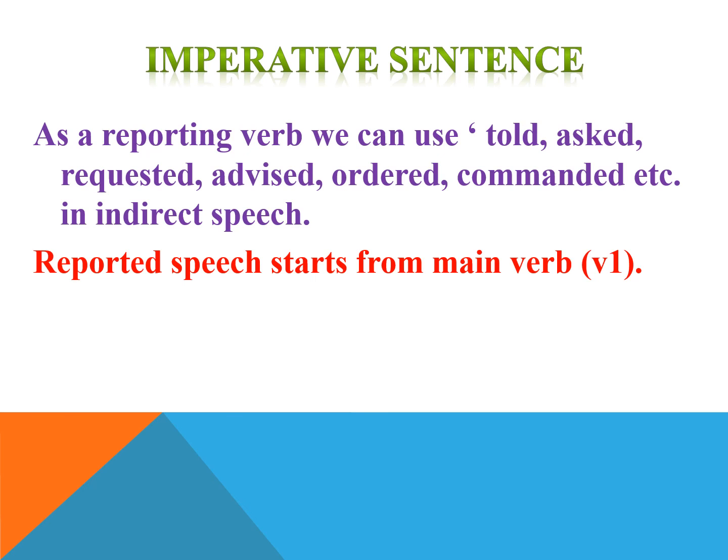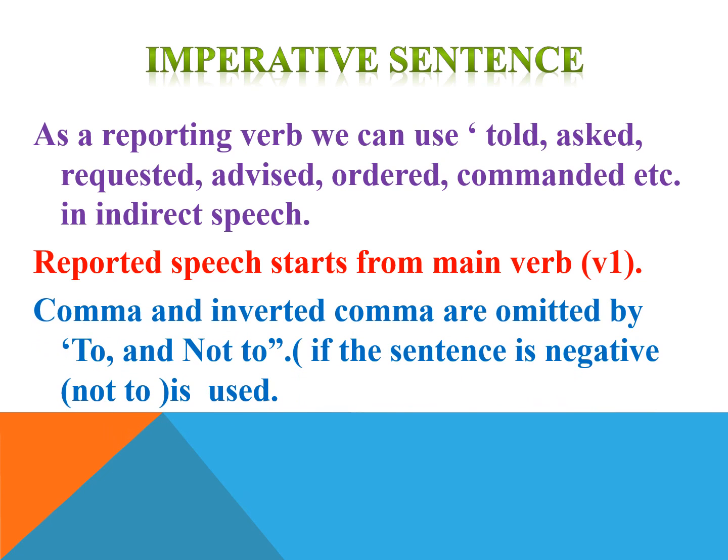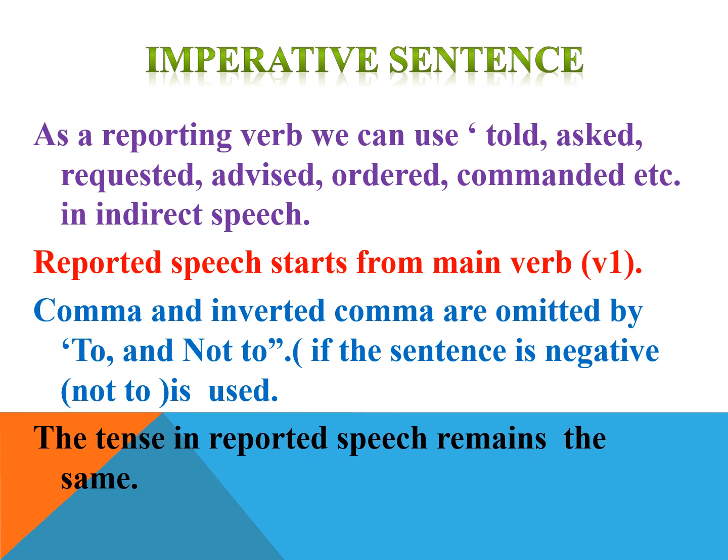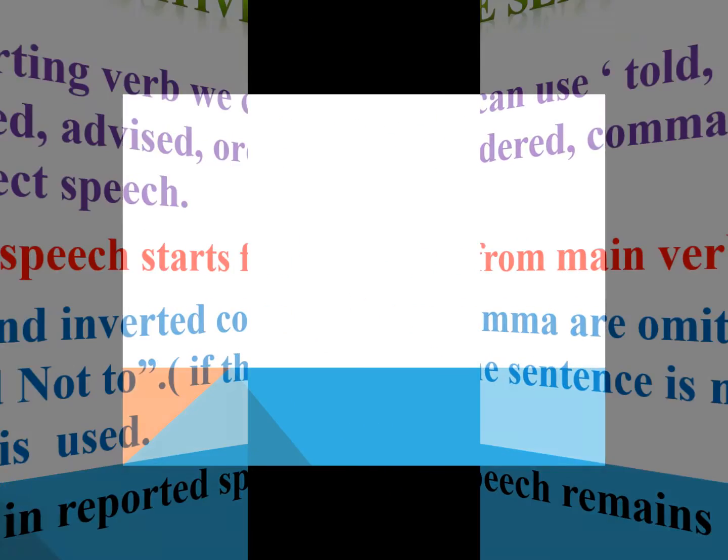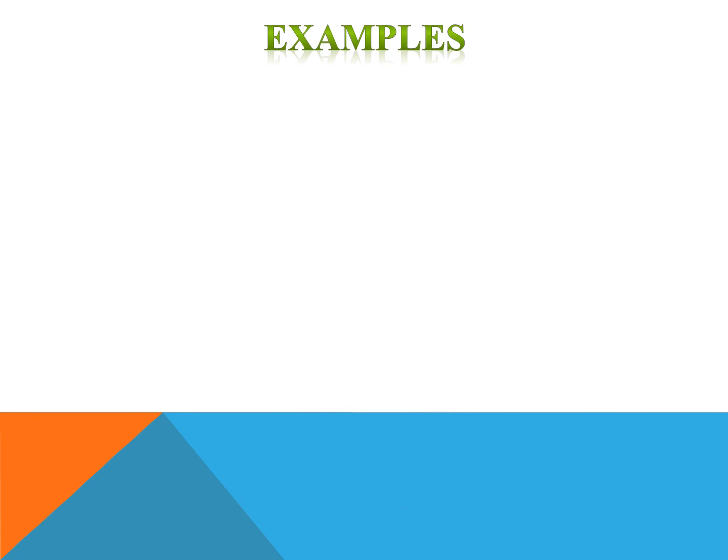Reported speech starts with the main verb, and comma and inverted commas are omitted by the conjunction to or not to. If the sentence is negative, not to is used. The tense in reported speech remains the same. Some examples.